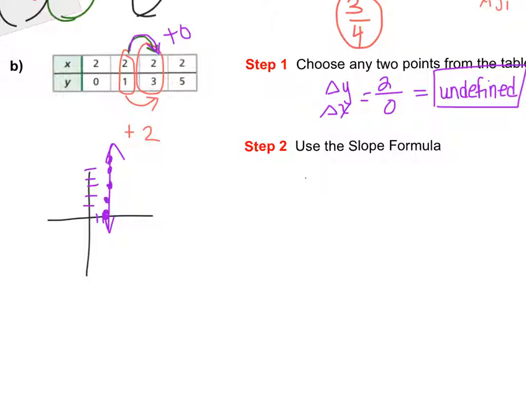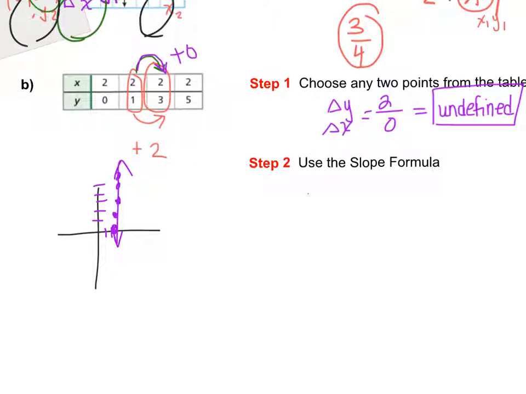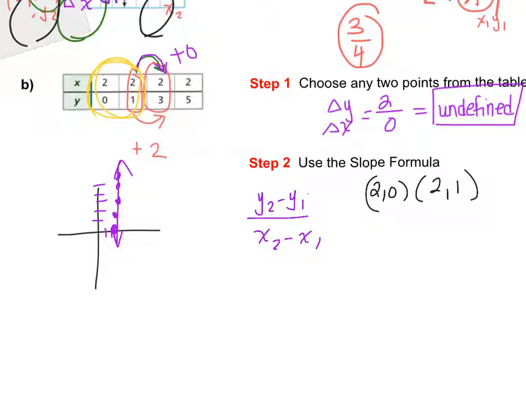If I would have used the slope formula, I would have done y2 minus y1 over x2 minus x1. You could have very easily chosen points 1 and 2 as these 2 points, (2, 0) and (2, 1).